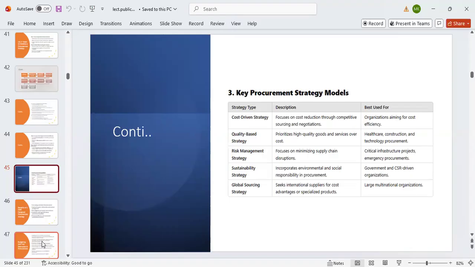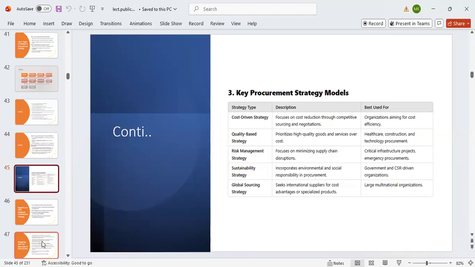The organization aims for cost efficiency. Another strategy is a quality-based strategy. Maybe your organization prioritizes high quality goods and services over cost. That could be another strategy another organization adopts.